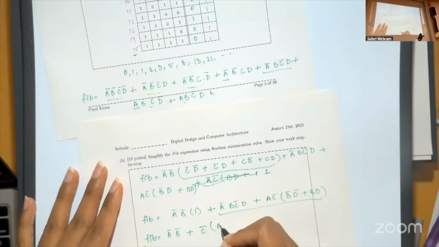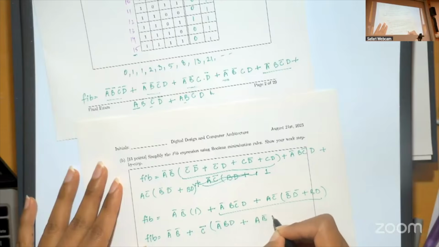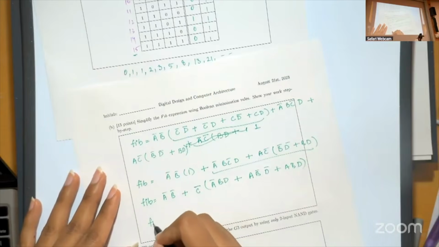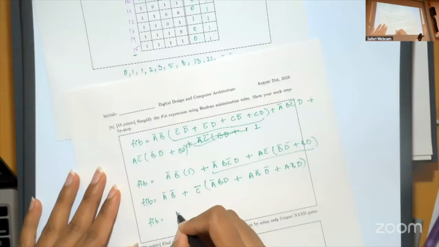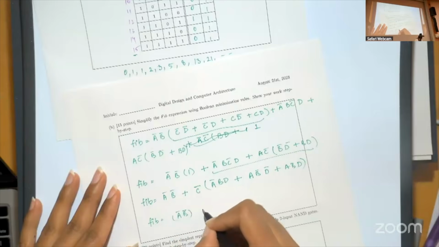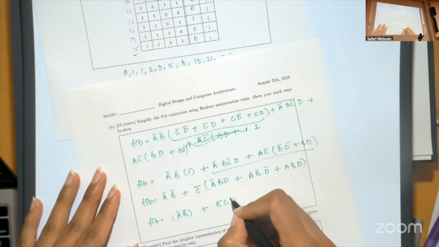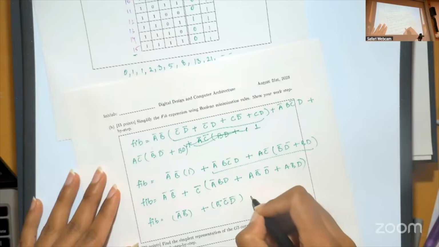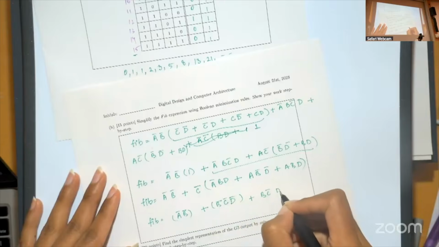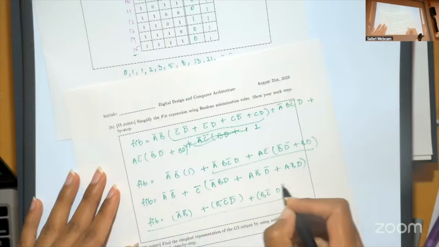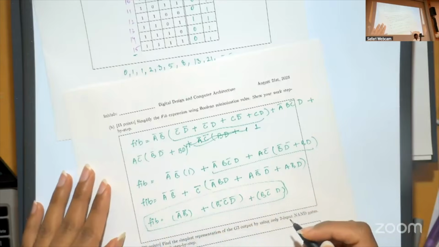So you will have A bar BD plus A B bar D bar plus A BD. So if you optimize it further, you will get A bar B bar plus B bar C D, B bar C bar D bar plus B C bar D. So this will be the final optimized expression that you will get.